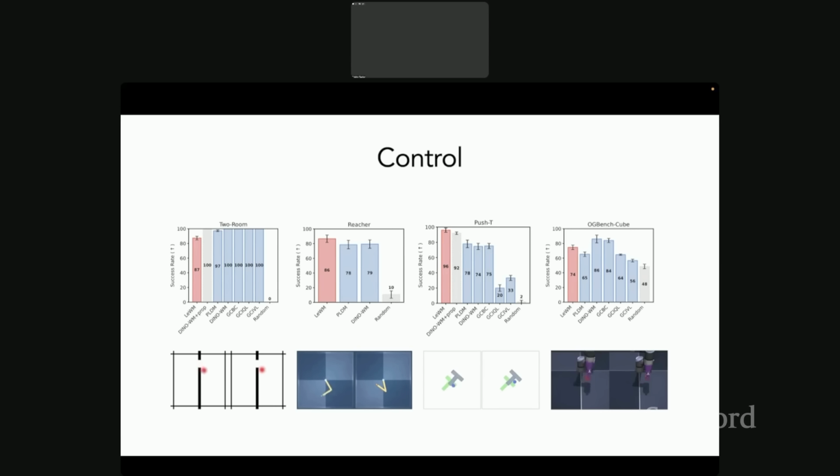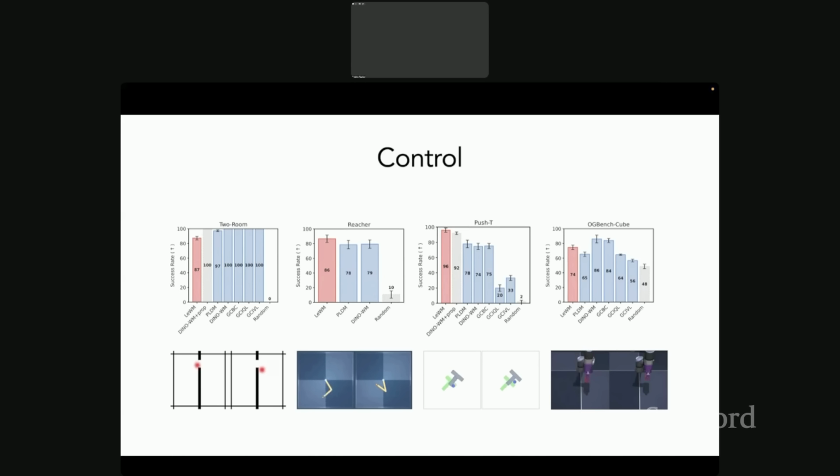But what is most interesting is if you remove the proprioception of DINO-WM, you see that the performance drops. LeWorldModel, because it doesn't have proprioception, beats DINO-WM without proprioception by a lot. And PLDM, which is the only other one that doesn't use proprioception and is fully trained end-to-end, also has very bad performance on Push-T.